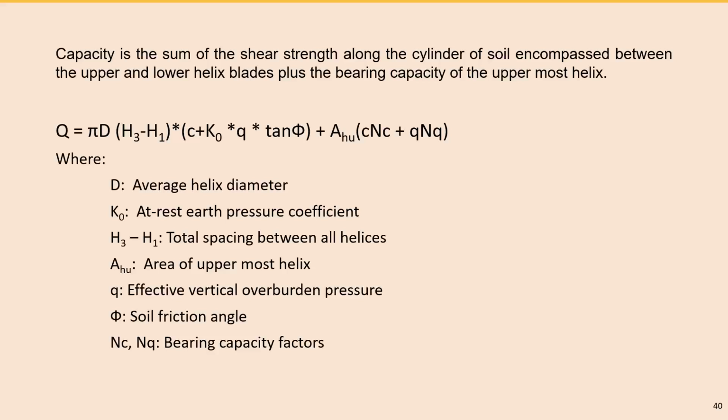Yes, it's asking whether the upper helices are larger in diameter, or are there cases where all the helices are the same diameter? In general, in a helical pile, the uppermost helix is the largest diameter. It can't be less in diameter than the others. Sometimes they use the same diameter, let's say 12, 12, 12, but usually the largest helix is the upper one.